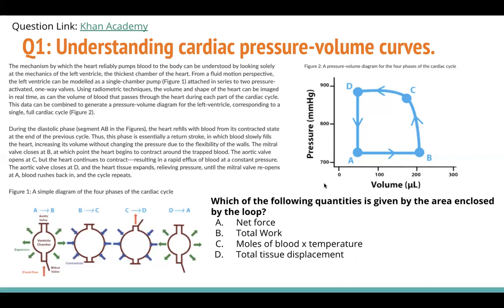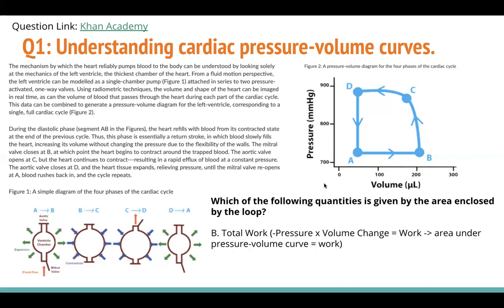Okay, let's move on to the answer. Basically the area enclosed by the loop represents the total work. We can think about this as the relationship between work and the pressure volume curve. Our standard definition of work that most of us learned in school is that work equals force times distance times sine theta. However, work can also be modeled as a relationship between pressure and the change in volume.